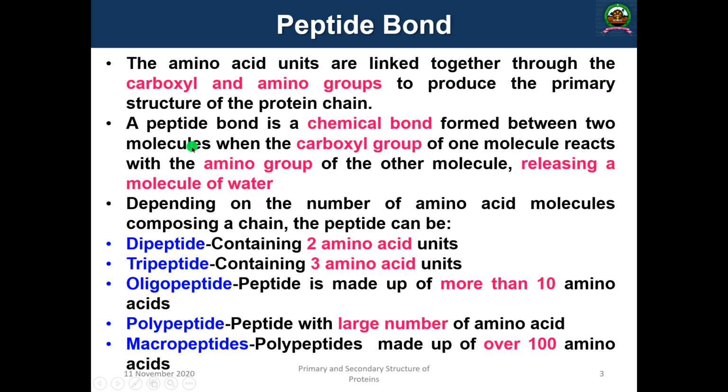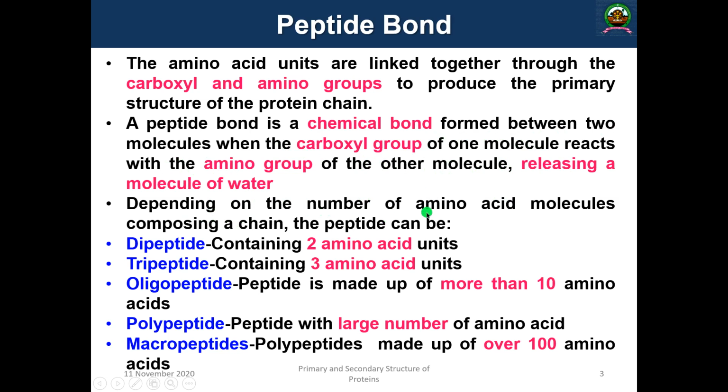There is a strong covalent bond known as the peptide bond, which is a chemical bond formed between two molecules when the carboxylic acid group of one amino acid interacts with the amino terminal end of the other amino acid, thereby releasing a water molecule. That is what I told you, hydrolytic condensation.